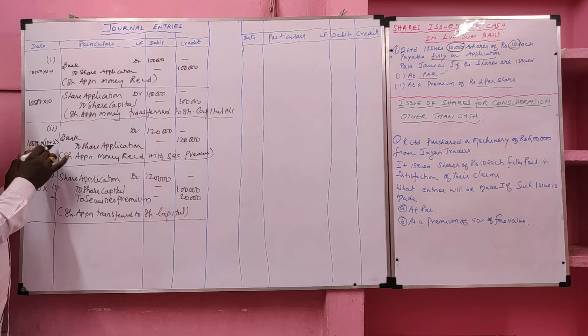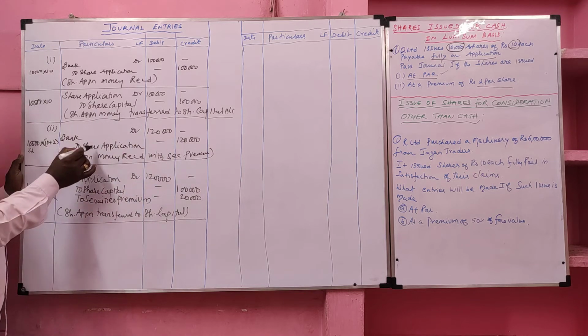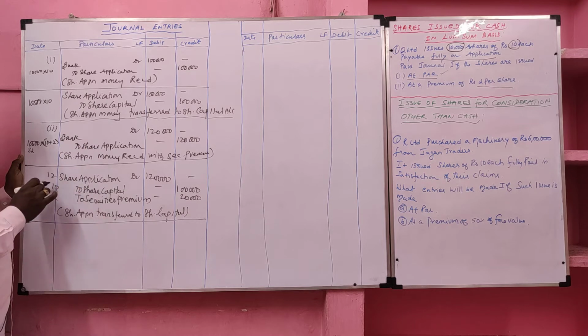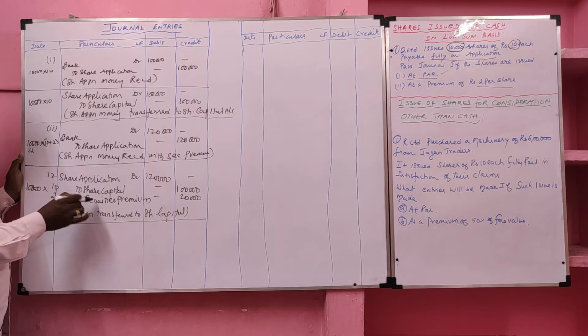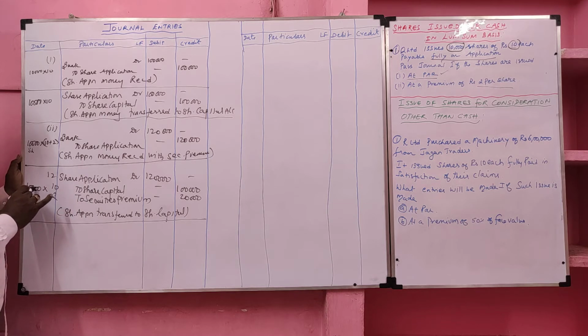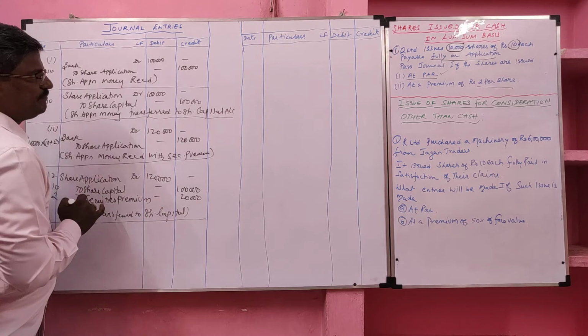So 10,000 into 12, 1,20,000. The share application must be transferred to the share capital. Since the shares are issued at premium, one more credit is given to the securities premium. Total number of shares 10,000. Total collection 12 rupees. Share capital value 10 rupees. Securities premium value 2.